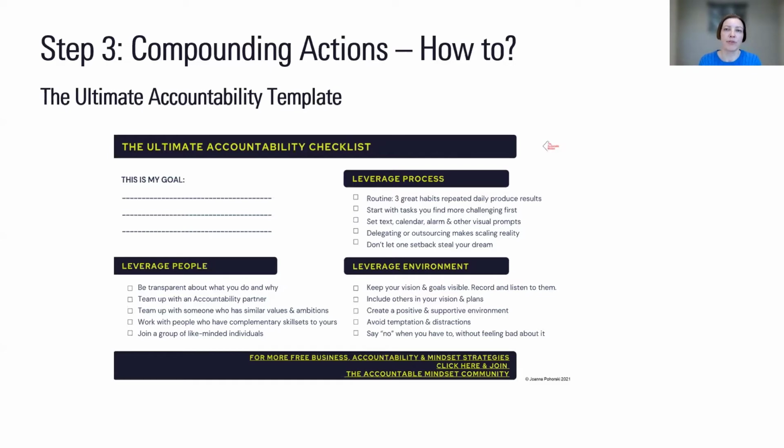Create a positive and supportive environment. So this can be challenging because we can't change everything, of course. So this is really about understanding what we can control and focusing on what we can control. And one of the examples I always give is from a few years ago, when I had to look at my diet and make some changes.